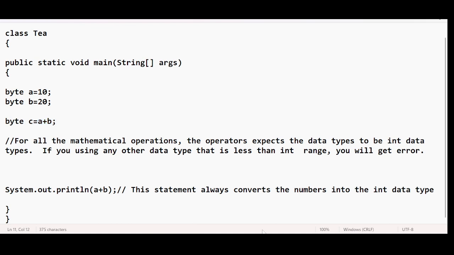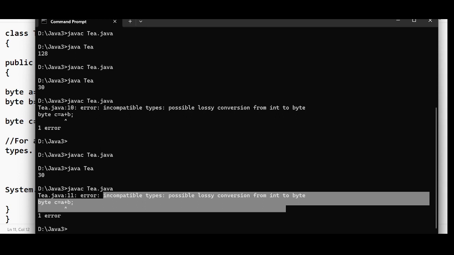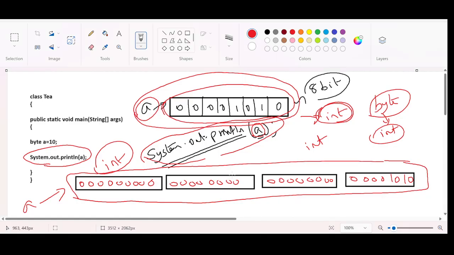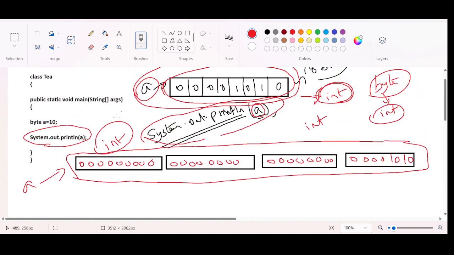That's why we are getting this error. So we can conclude one thing here: when you assign to a byte data type, you can just perform the assignment. You cannot do any kind of mathematical operations directly.